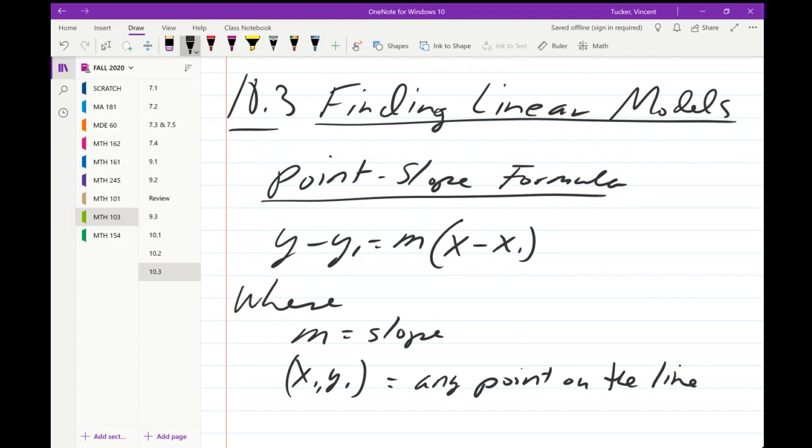All right, so we're starting here with the point-slope formula. y minus y1 equal to m times x minus x1. And m is our slope. (x1, y1) is any point on the line.